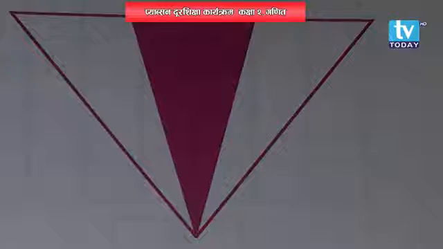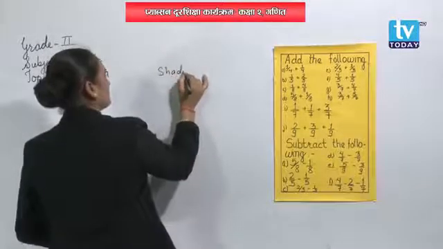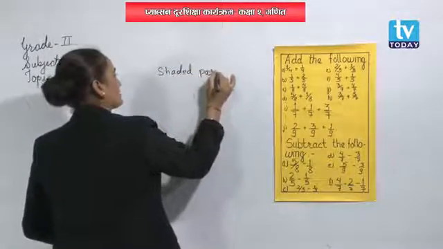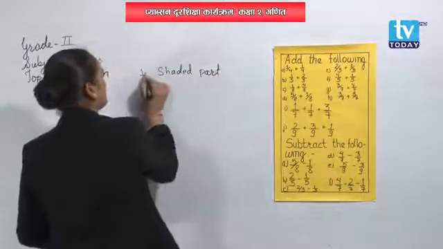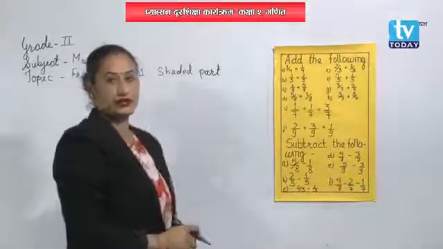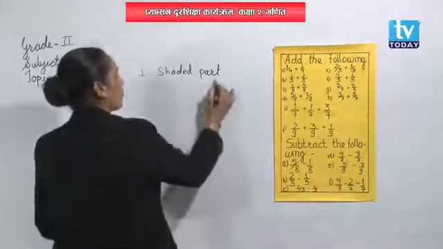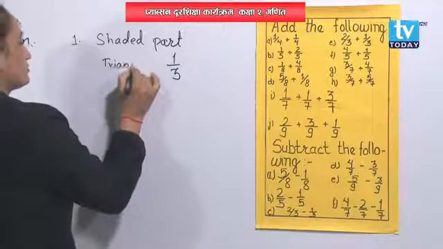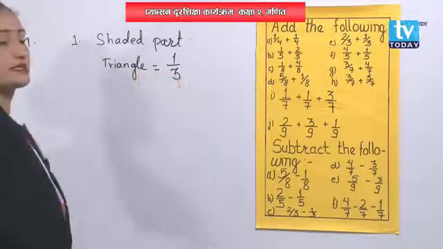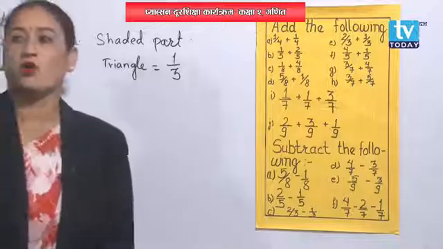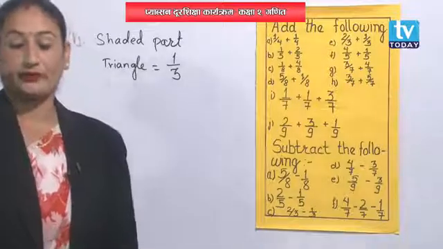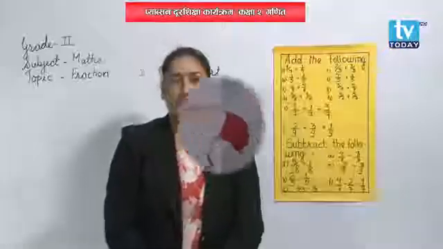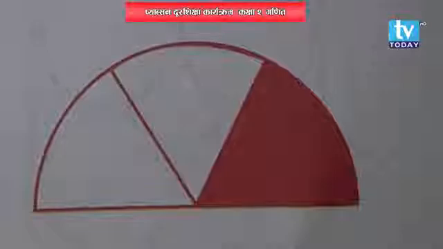So how to write the shaded part fraction? You can write here: shaded part of this picture is 1/3. Shaded part of the picture is 1/3.